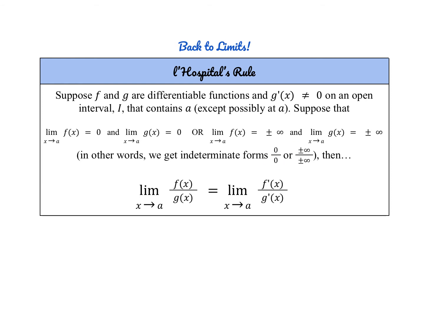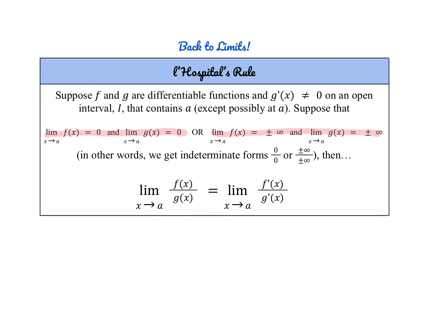So here we're assuming that f and g are differentiable functions, and then we're supposing one of the two cases. We're supposing that either the limit as x approaches a of f of x and g of x equals 0, so you essentially end up with a 0 over 0 indeterminate, or we're assuming that the limit as x approaches a of either f of x or g of x equals positive or negative infinity, giving you that infinity over infinity indeterminate.